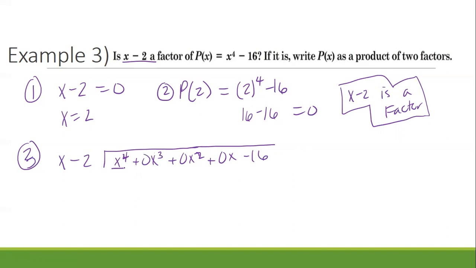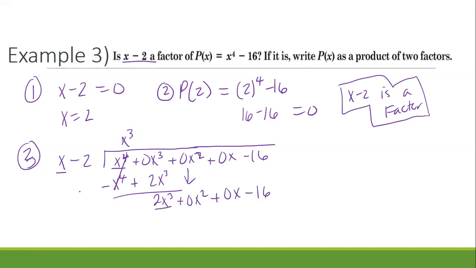All right, so x to the 4th divided by x is x to the 3rd. That gives me x to the 4th minus 2x cubed. So I divide, multiply, now I'm going to subtract. And I'm left with 2x to the 3rd, still greater than my degree. So I bring down plus 0x squared plus 0x minus 16.